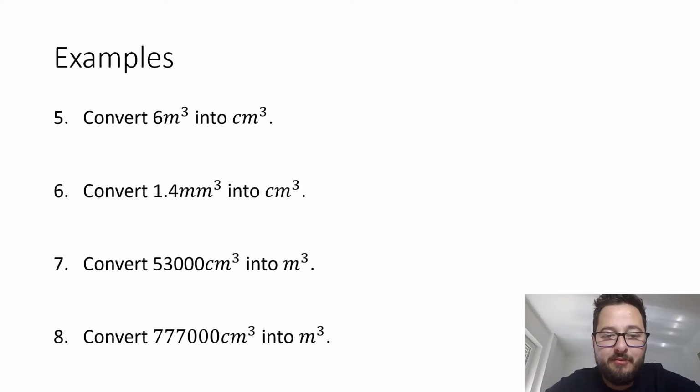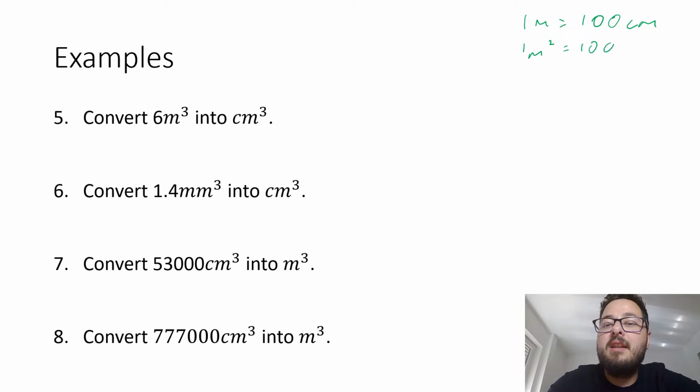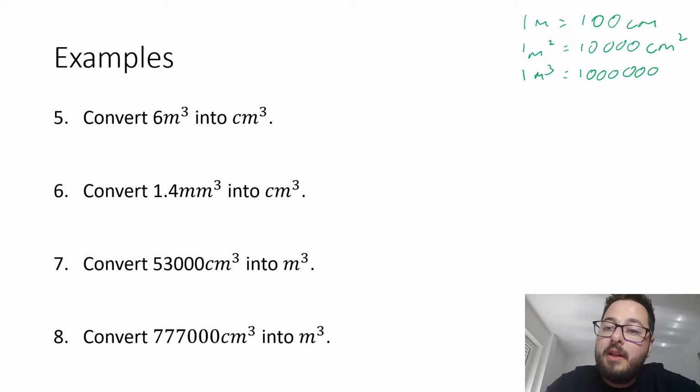So let's just quickly redraw our facts. So we've got 1 meter is 100 centimeters. We've got 1 meter squared is 10,000 centimeters squared, and we've got that 1 meter cubed is 1,000,000 centimeters cubed.